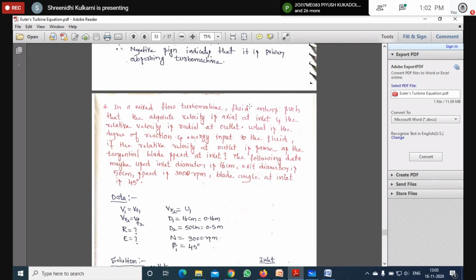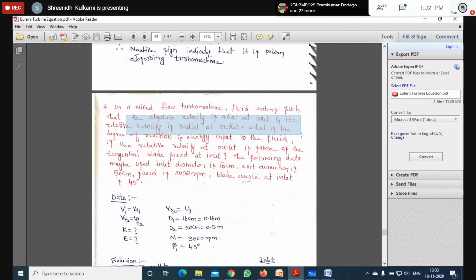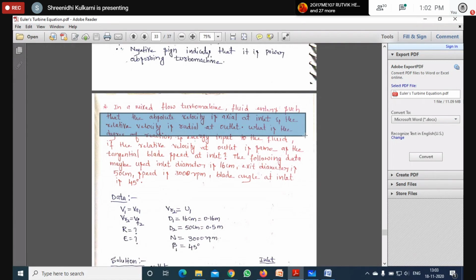Please underline these words: absolute velocity is axial at inlet, and relative velocity is radial at outlet.